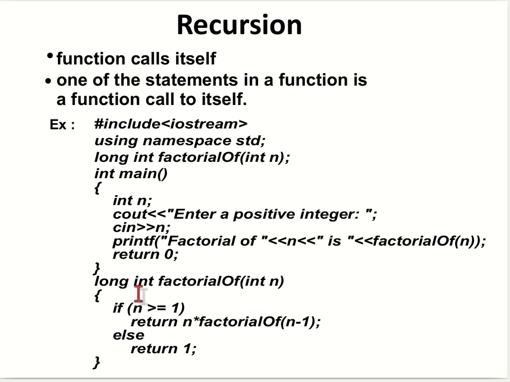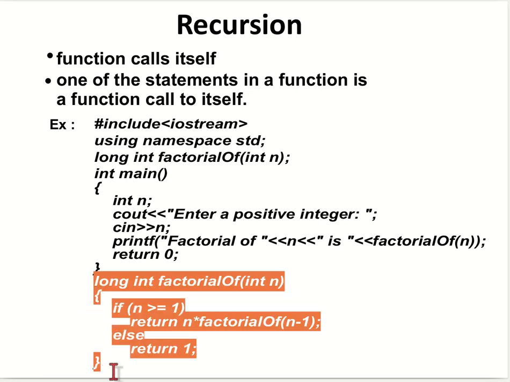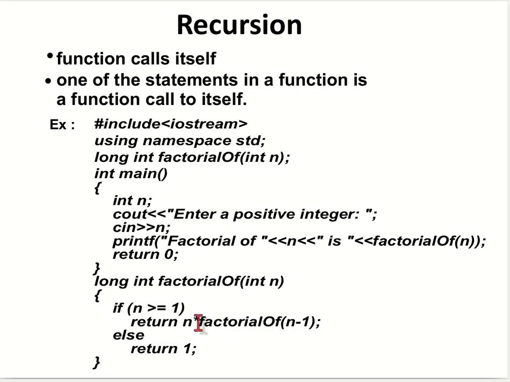Inside this I am calling the factorial function using another value. So inside the definition of this function, this is a function call to the same function. This is known as recursion. So this will be executed and will produce the factorial of n.